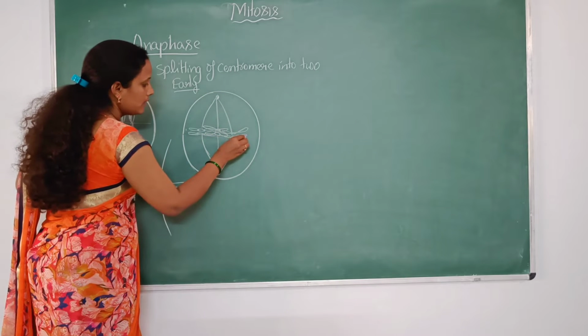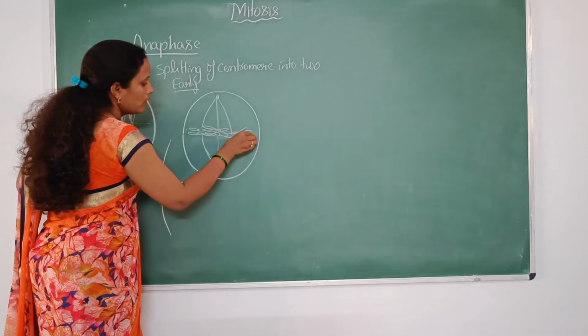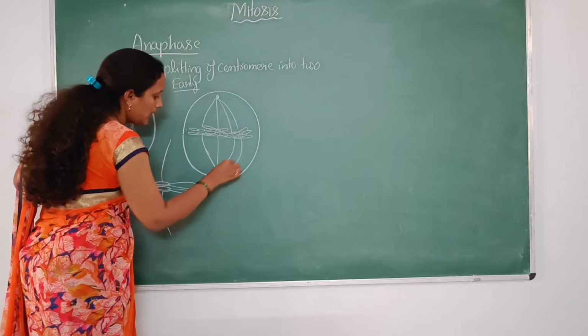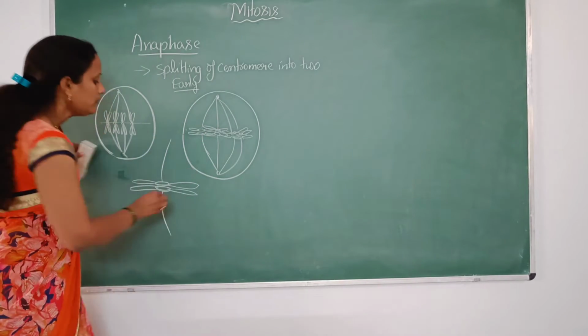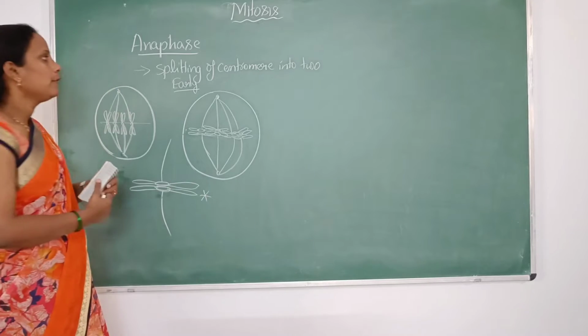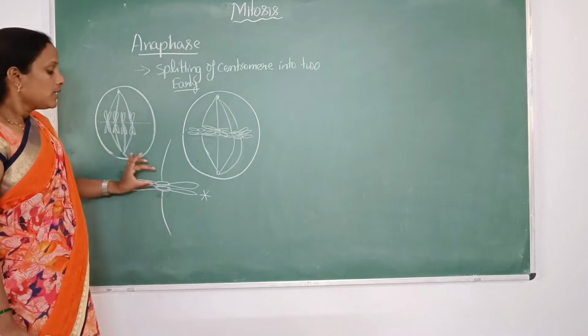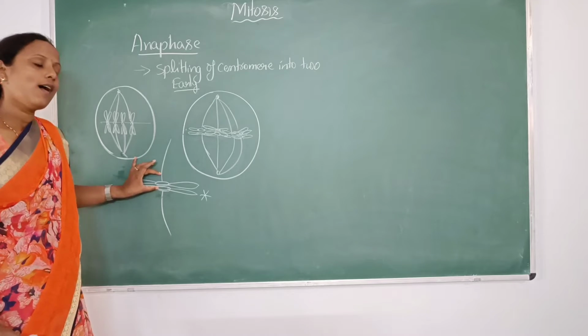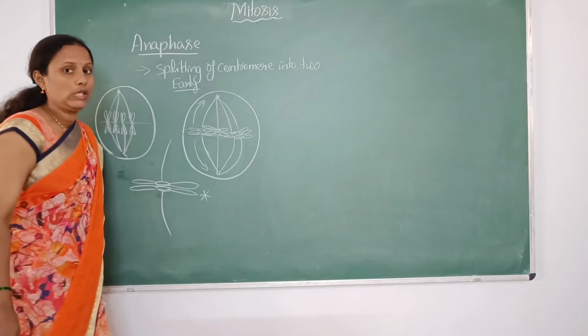So the 4 chromosomes have split at a time, and after splitting of the centromere into two, the centromeres will start moving towards the respective poles.